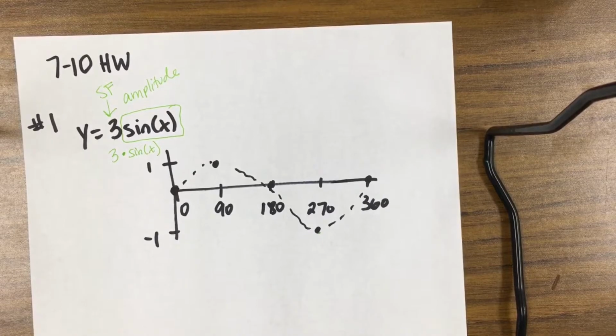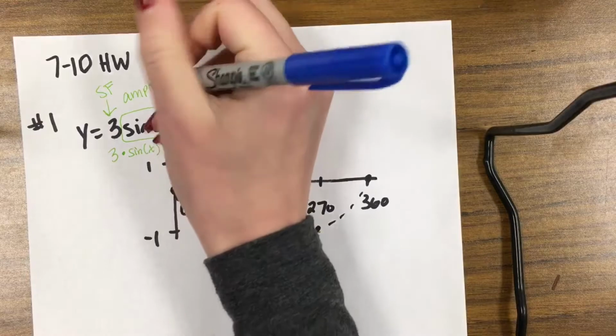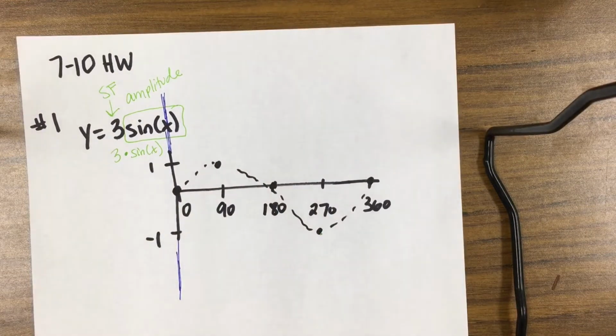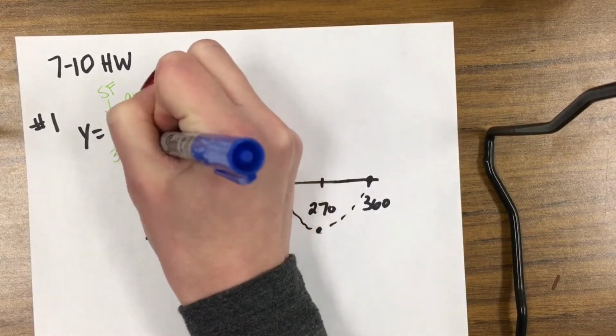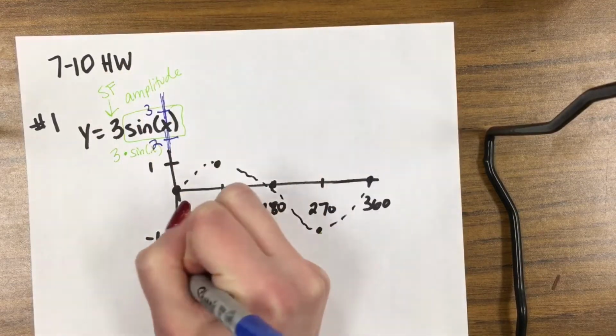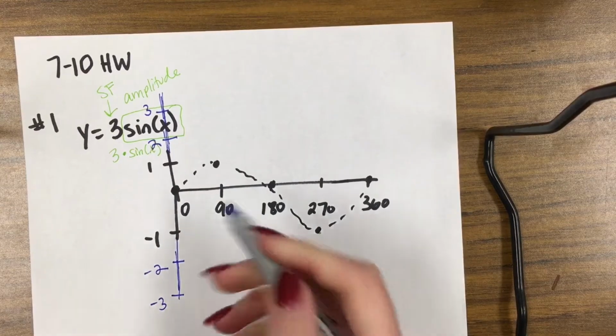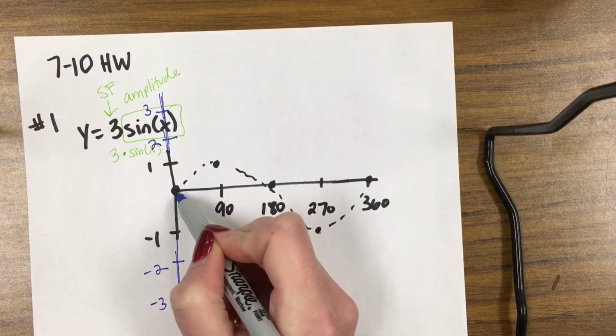So let me get a marker that you'll see on top of this marker a little bit. I'm going to extend my axes a little further. So when I multiply each of these y values on the sine curve by 3, some of them are going to change. Right?